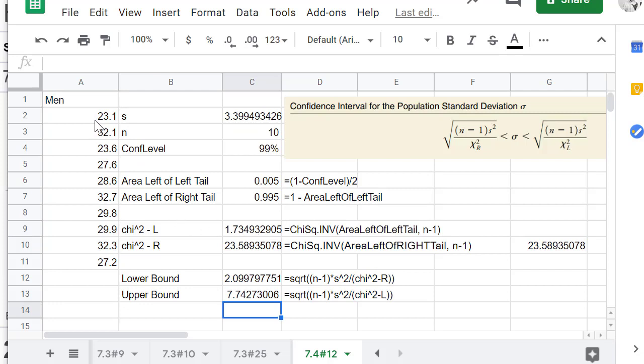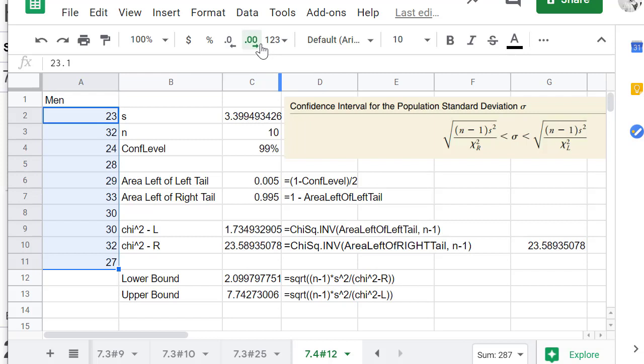Alright, so it looks like we got 2.099 and 7.7427. Our data set was originally rounded off to 1 decimal point, so I think we're going to want to round off to 2 decimal places here.